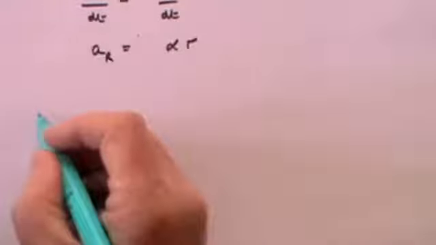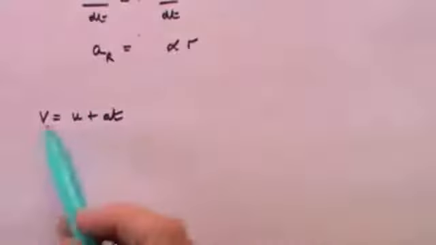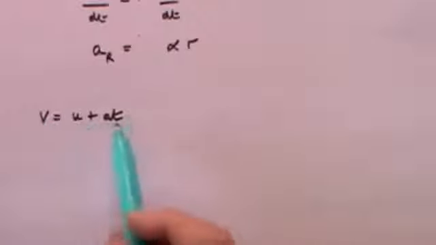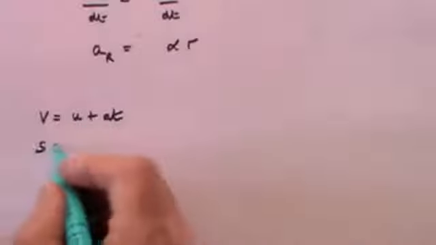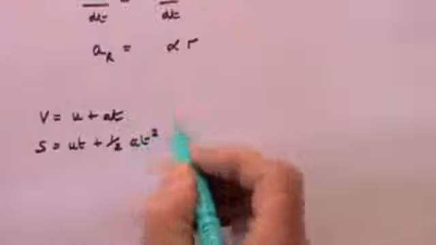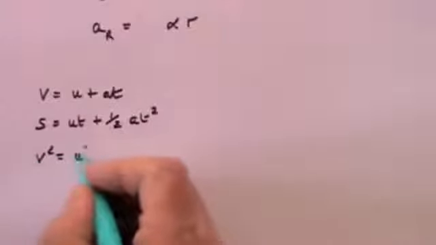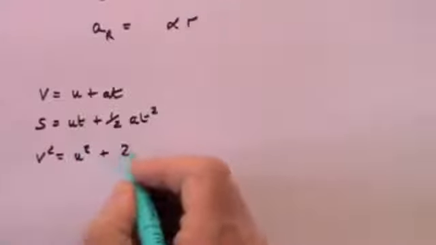The 6 were as follows: v equals u plus at, where v is final velocity, u is initial velocity, a is acceleration, and t is time. s equals ut plus a half at squared. The only new term here is s, which is the distance covered. v squared equals u squared plus 2as.